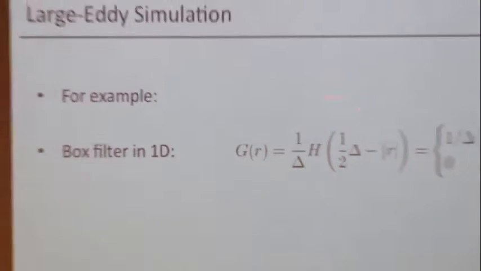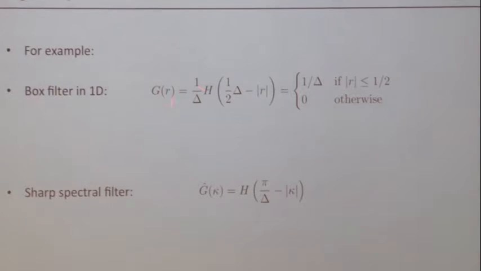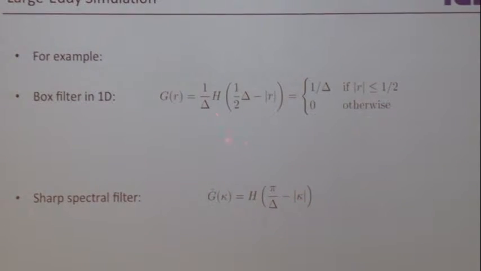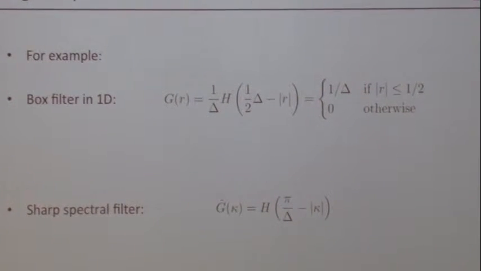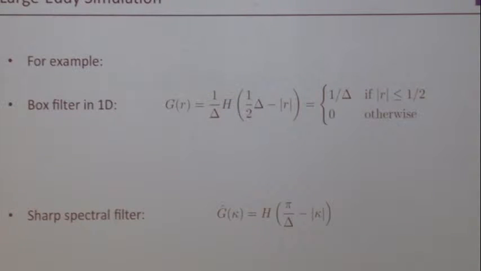So these filters, there are different filters you can use. Box filter, the spectral filter. This would be basically a box filter. You average over a box. And then the spectral filter is you also average over a box, but in spectral space.